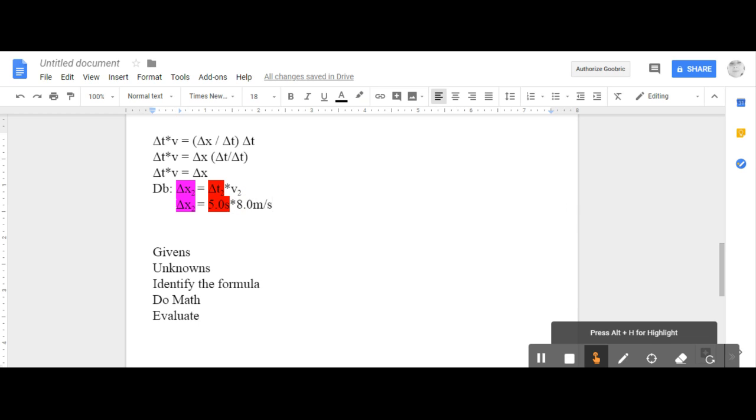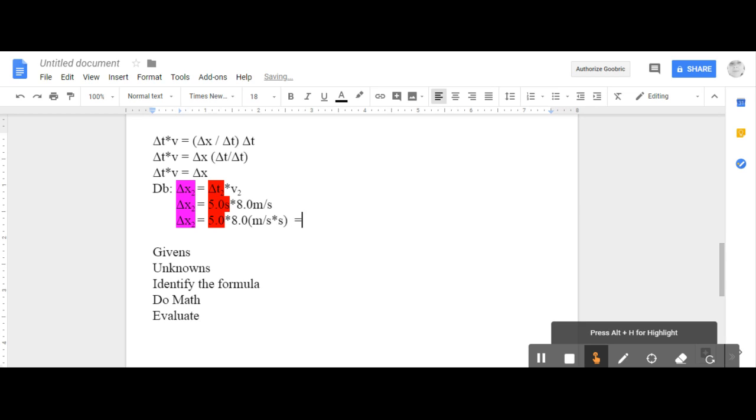So once again, I'm going to pull my units out and solve for them to the side of my numbers. So I'm going to take the seconds and meters per second, meters divided by seconds times seconds.